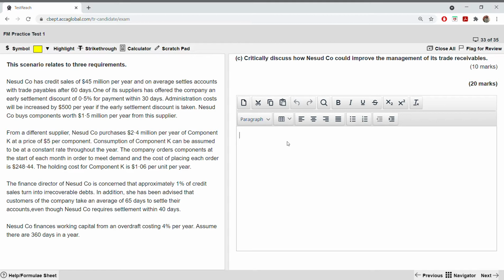So you need to type here. How much should you write?